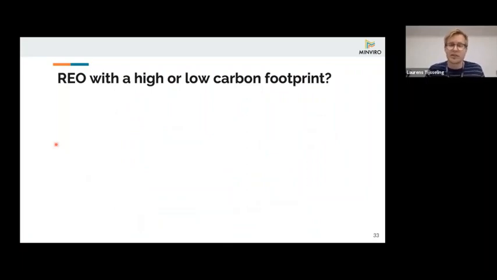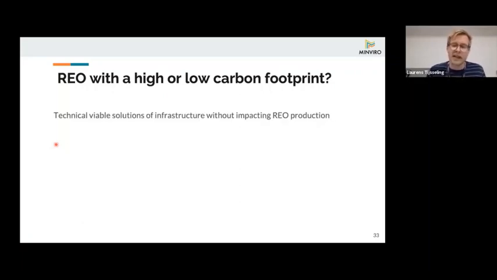And one question that we actually really wanted to answer is, to what extent can we obtain our kilogram of rare earth oxide with either a high or a low carbon footprint? So we decided to leave the flow sheet out of the equation in this case, at least the technical solution to produce the material.